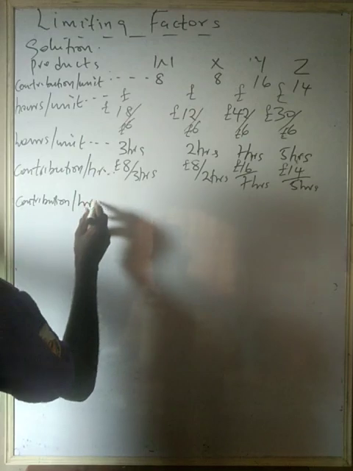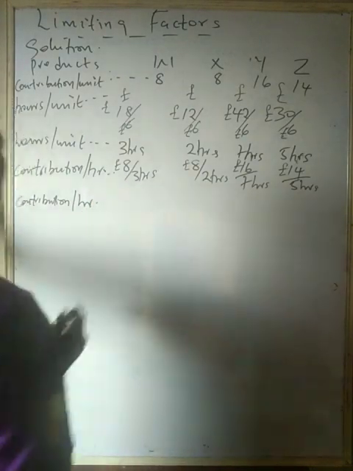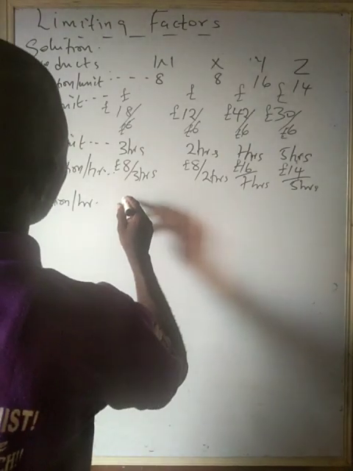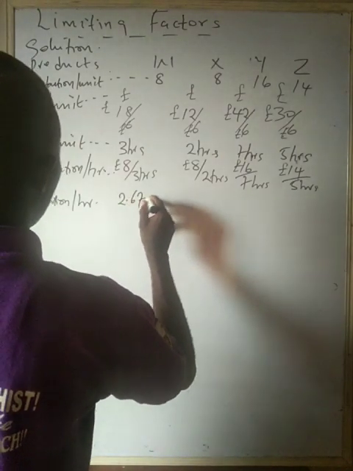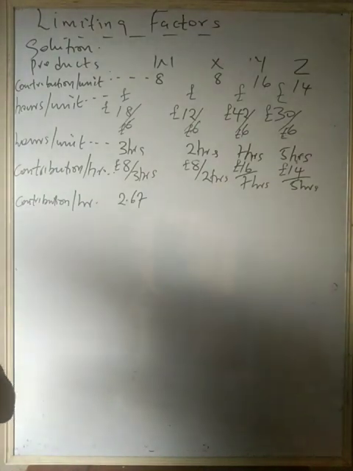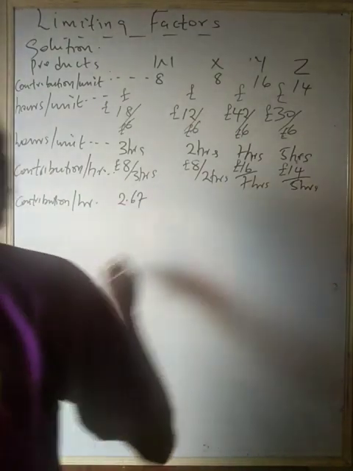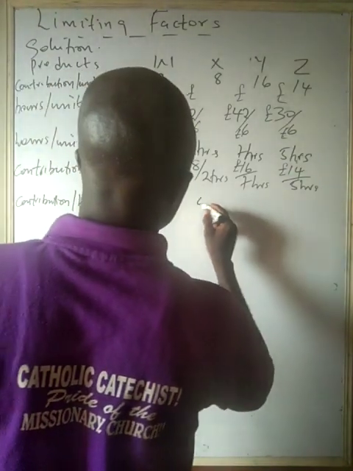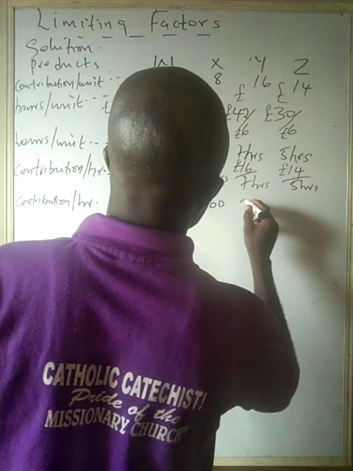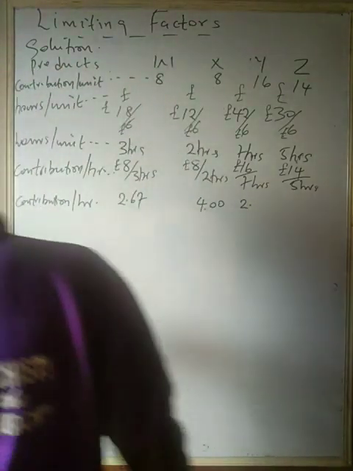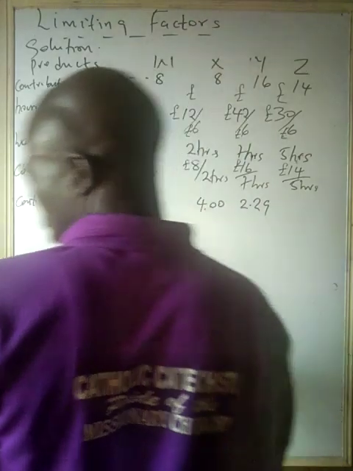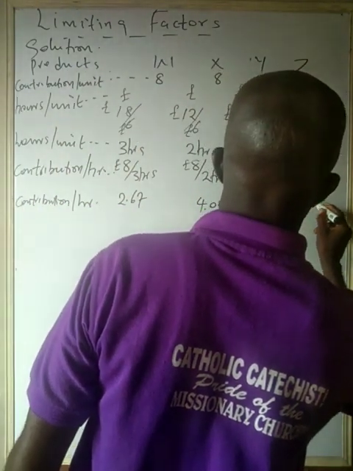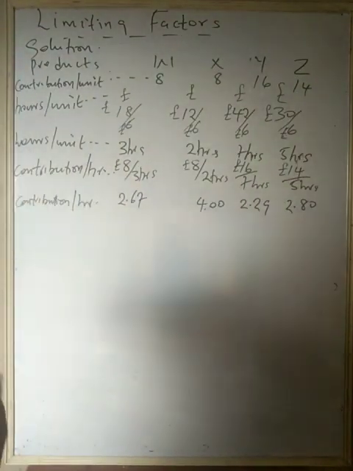That gives us 2.67, then 4, then 2.29, and this gives us 2.8. You see, these are the contributions per hour.